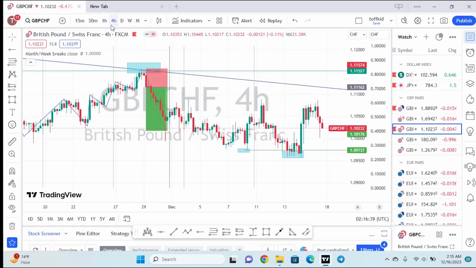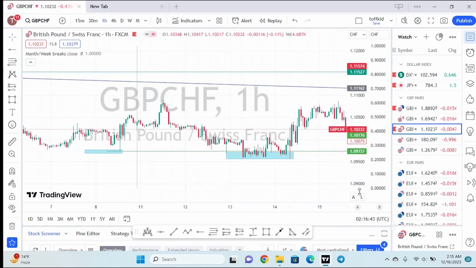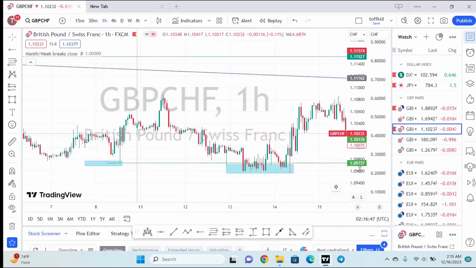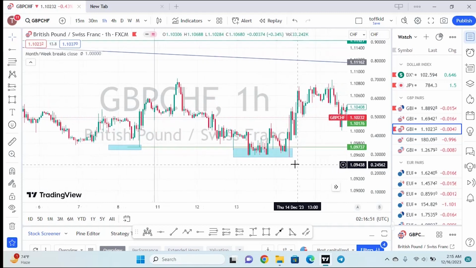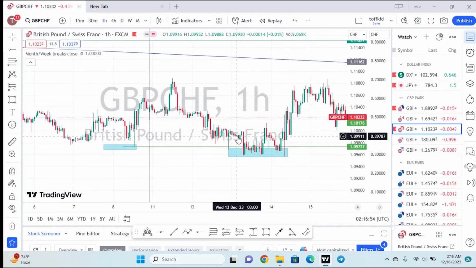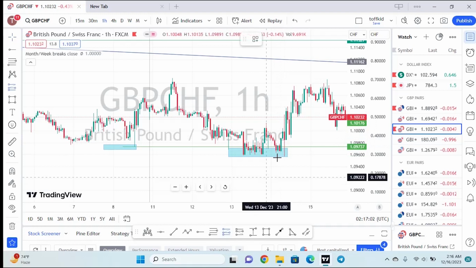So let me take you to the H1 time frame. On the H1 time frame, we can see that we have the second touch right here. Price has been rejecting this level for a while now, and now we have the bullish presence finally. So I'm gonna be taking my entry here.